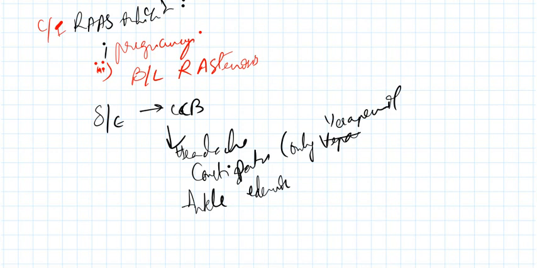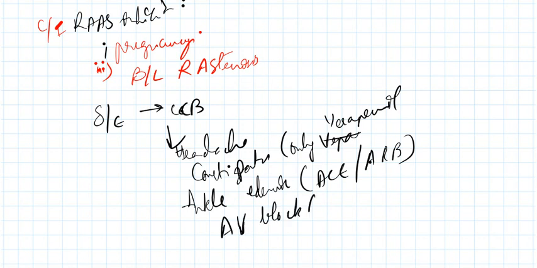It can be prevented by ACE inhibitors or ARBs. Now one more side effect of CCBs is AV block. Only verapamil and diltiazem show this side effect. Verapamil and diltiazem should not be given with beta blockers.